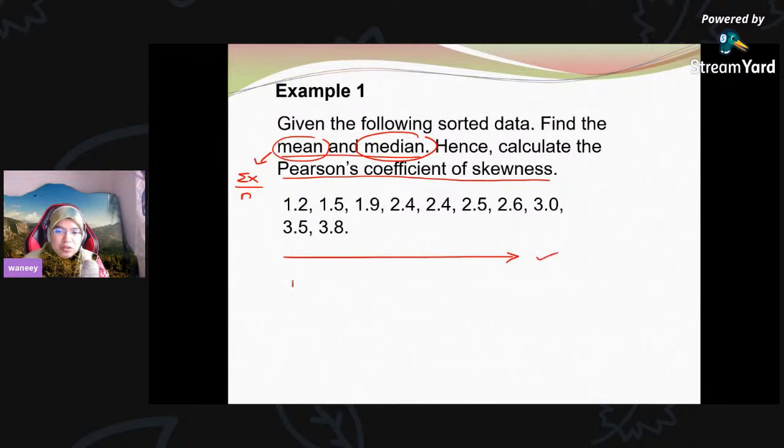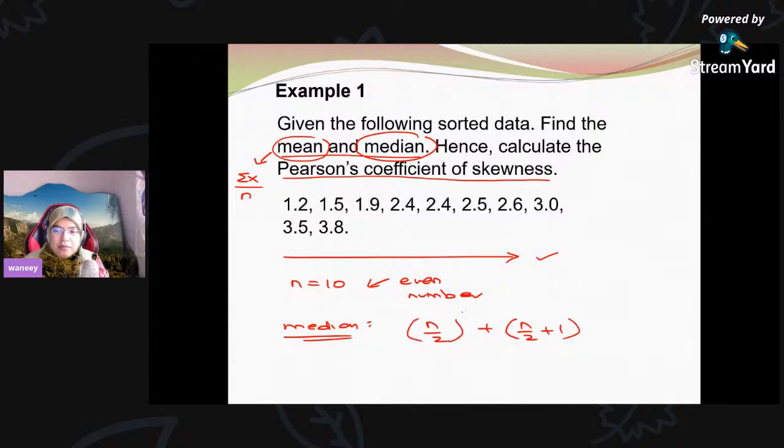Next, you have to know that n is equal to 10, so this is an even number. For an even number, the median is the n over 2 term plus the n over 2 plus 1 term, and then we divide by 2. Since n is 10, n over 2 is simply 5.